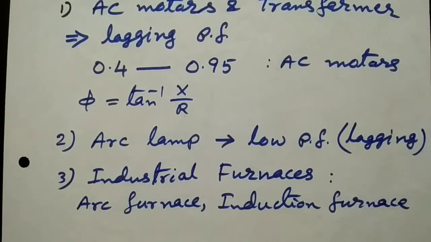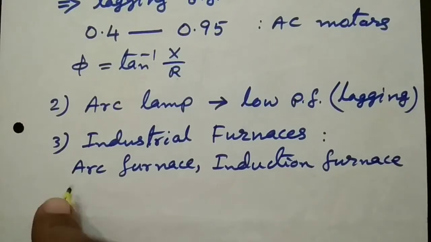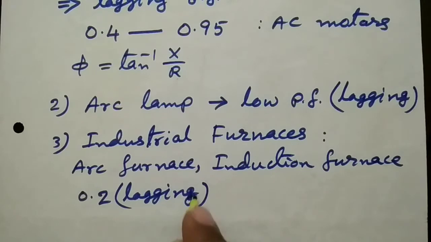These are the nature of the load that operate at a very low power factor. It may be as low as 0.2 lagging. So it makes the overall power factor of the system very low.